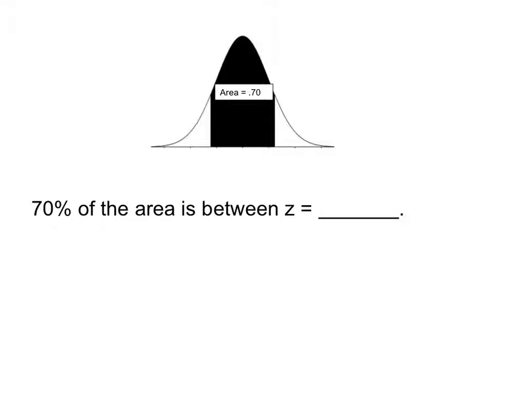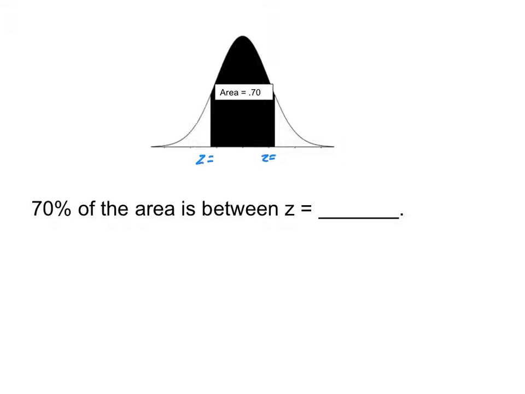Now the last one is, what do I do if I have an area that's in between? It's not 68%, it's 70%. I can't just sort of fudge it. I need the exact z-score for here and for here. So the area in between two z-scores means I'm going to have two z-scores. Now, there's a couple things we have to be aware of.